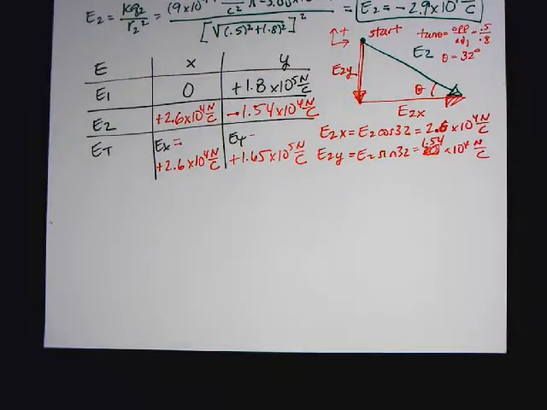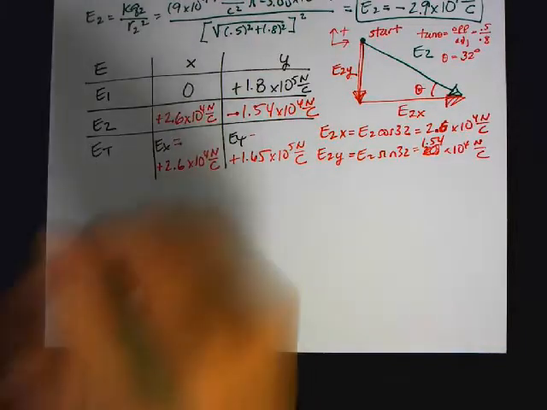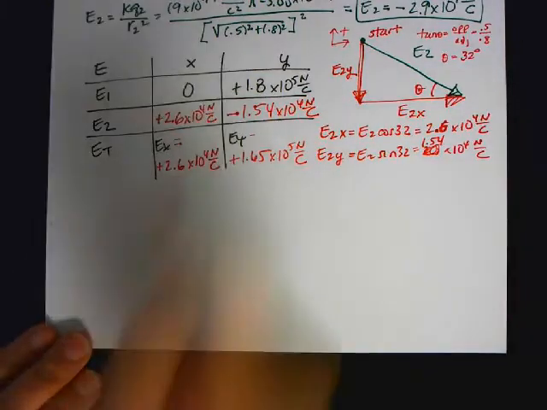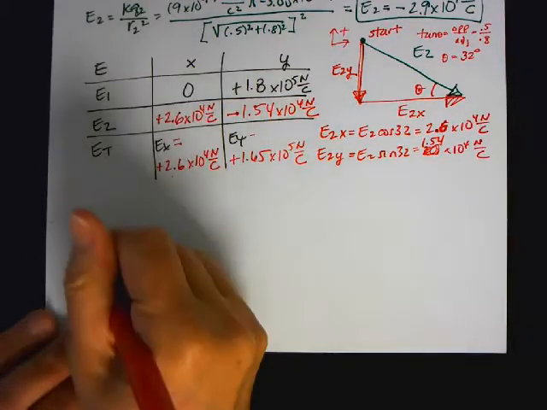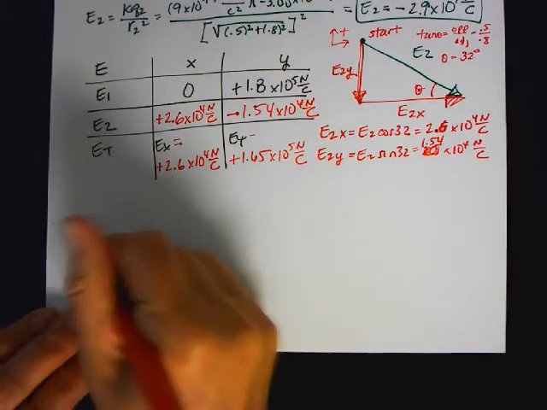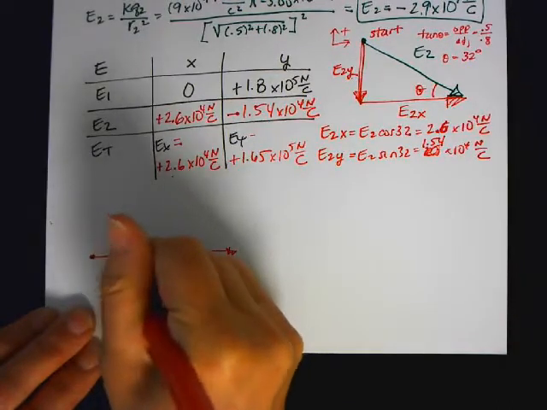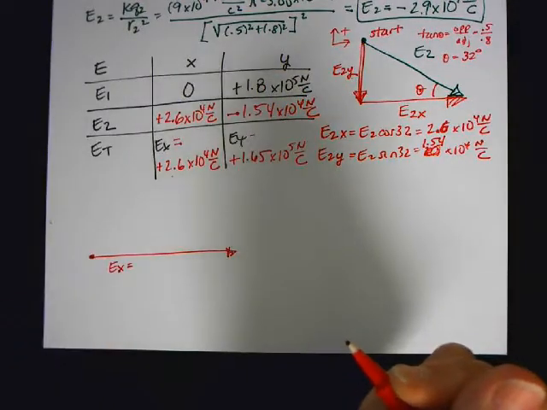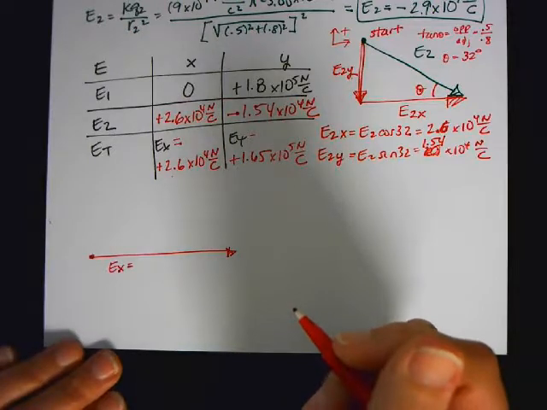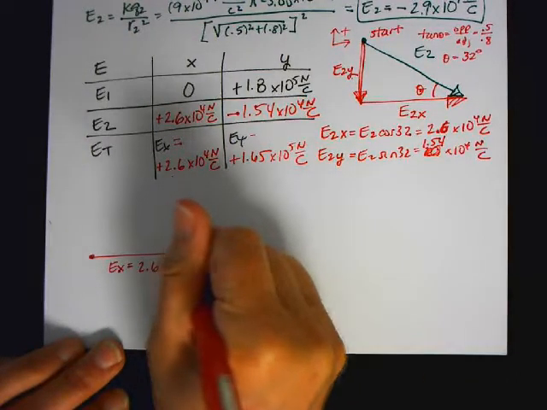So now, what did I just find? I just found E2x. This is positive, so this is my starting point. So now I'm going to have EX going to the right, because EX is equal to 2.6 times 10 to the 4.